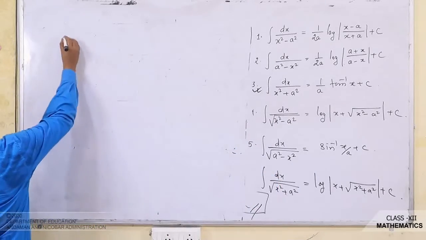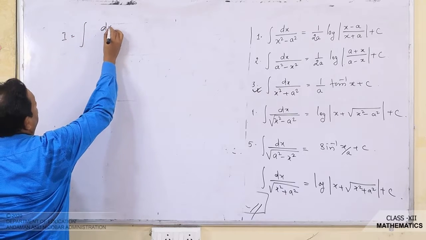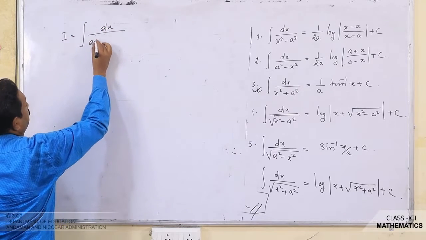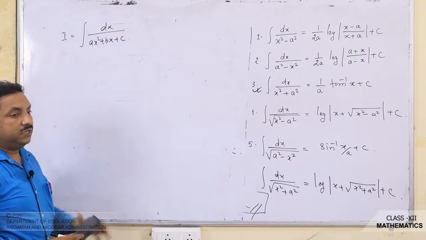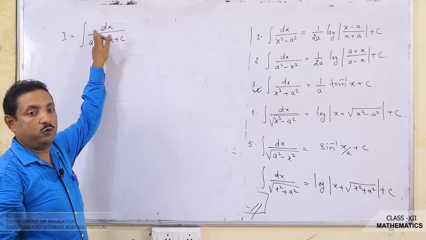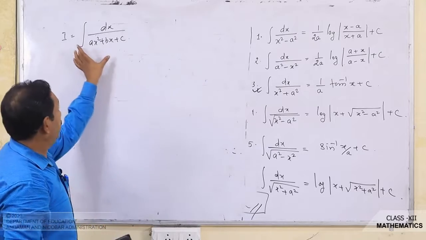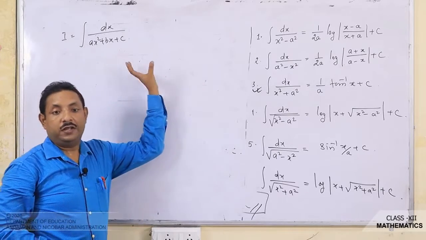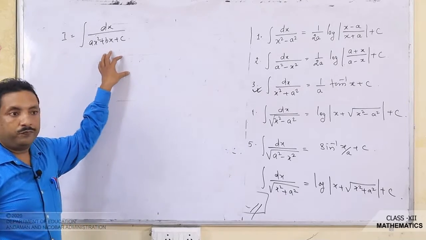Suppose your problem is given in this form, that is dx upon a x square plus b x plus c. That means in the numerator you have nothing, or you can have a constant, a single one only, and in the denominator you have a quadratic expression. So what to do in this form?